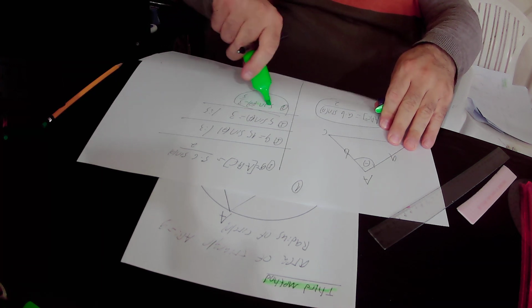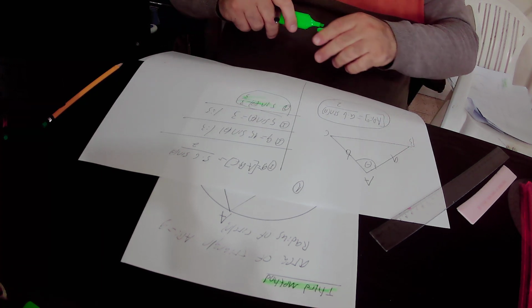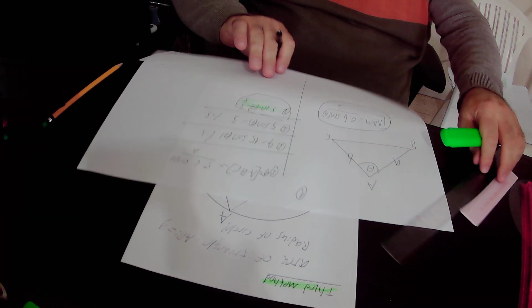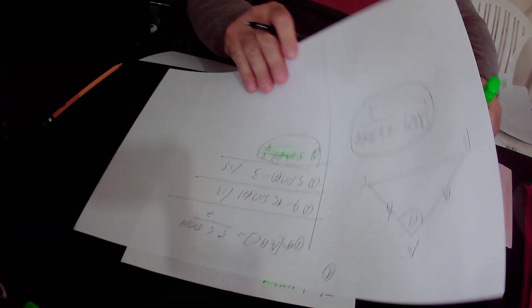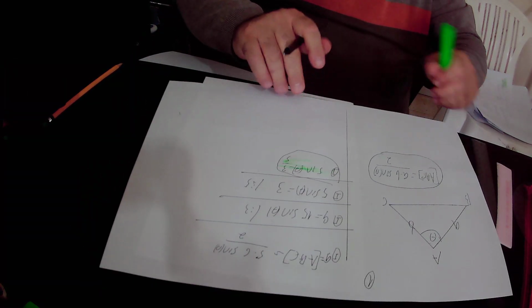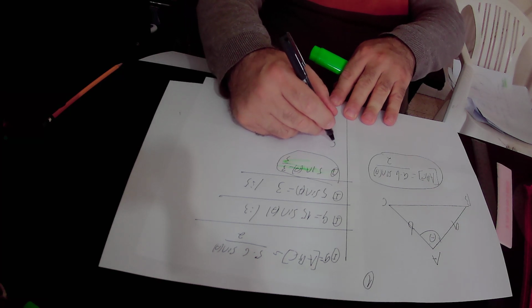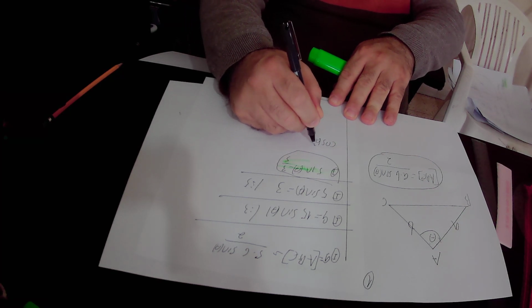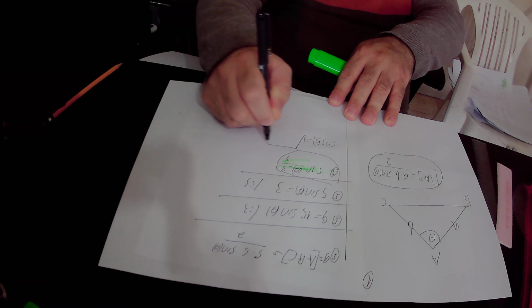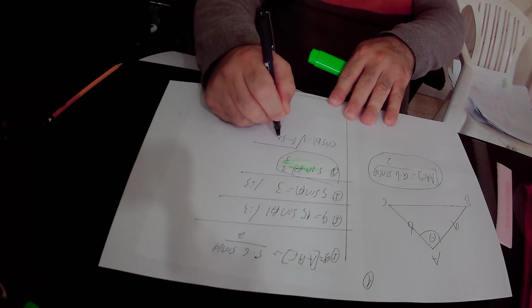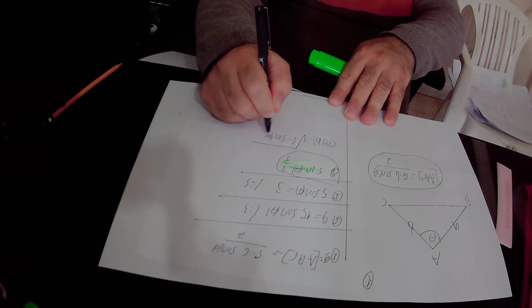But we actually have the trigonometric identity that cosine theta equals the square root of 1 minus sine squared theta.